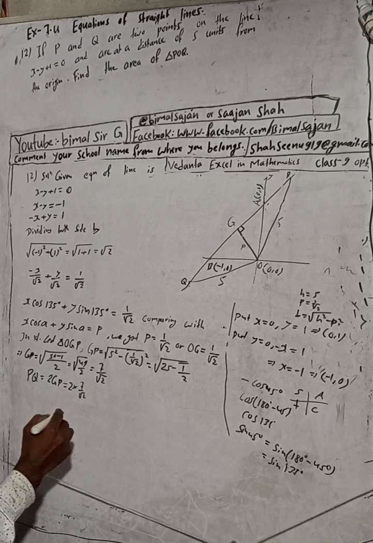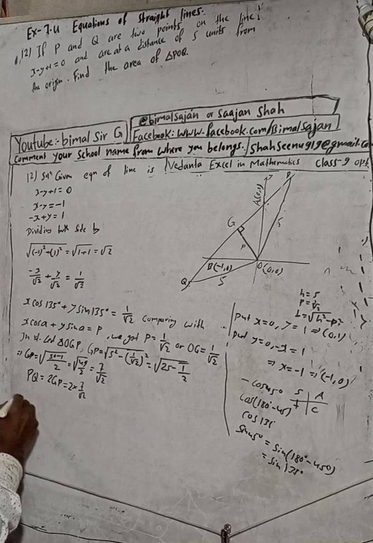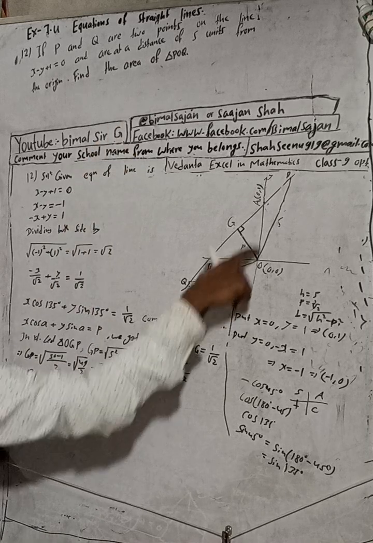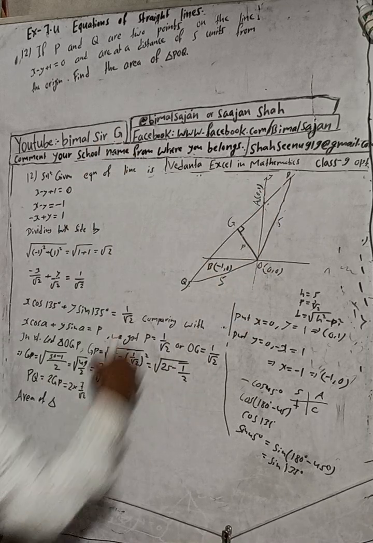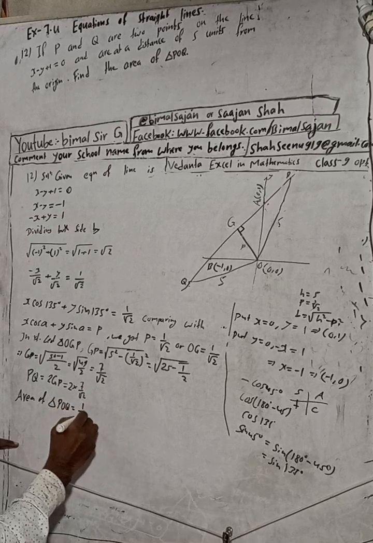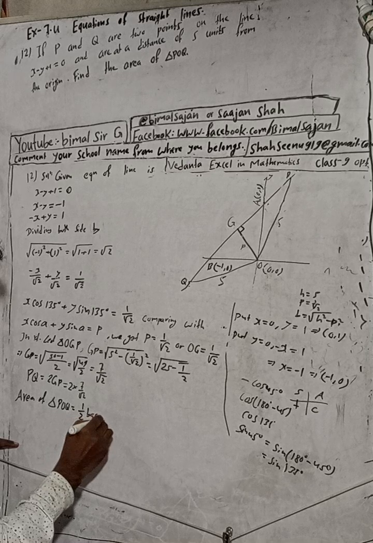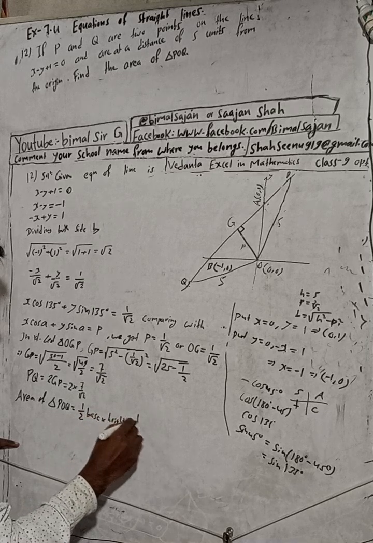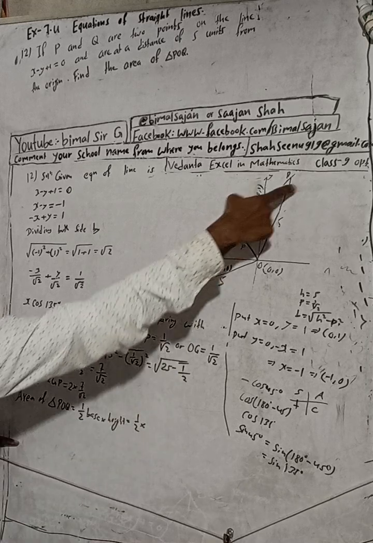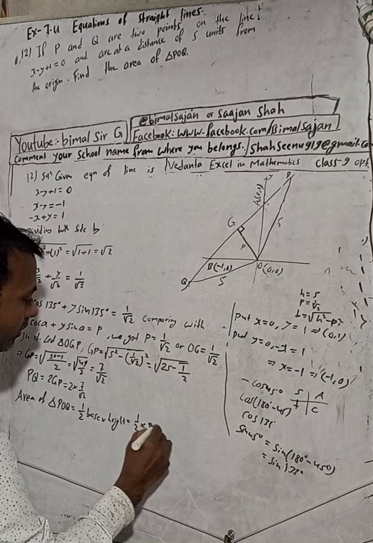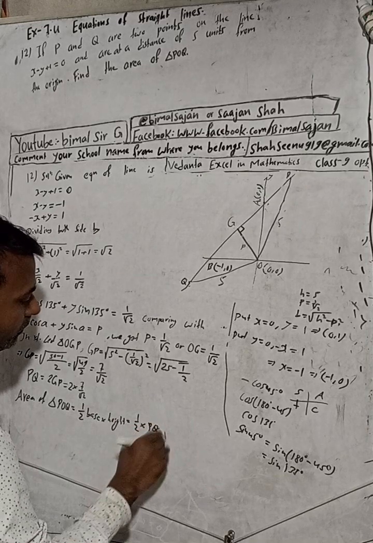Now we can find the area of triangle POQ. Area of triangle POQ is equal to half base into height. What is our base? In this triangle, PQ is our base, into height.